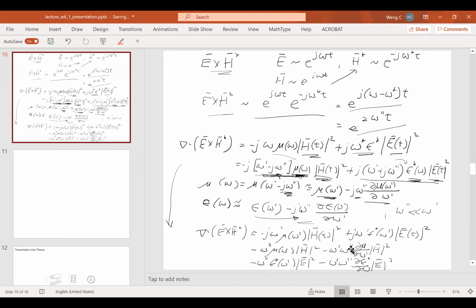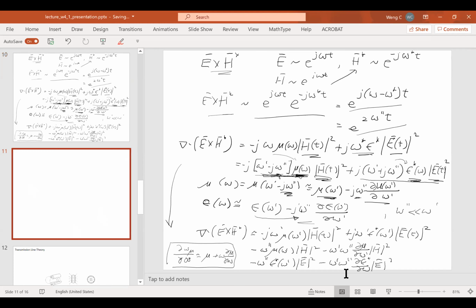Like these 2 terms can be combined into 1 term, because I know that partial omega mu partial omega can be written as mu plus omega partial mu partial omega. Okay, so I can use this identity to combine these 2 terms. Okay, because I have omega prime here and so on.